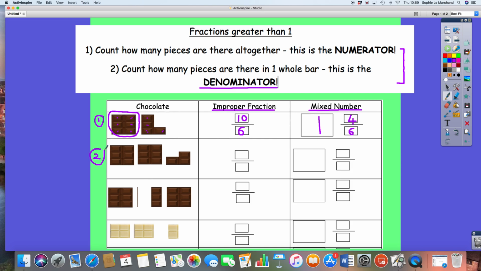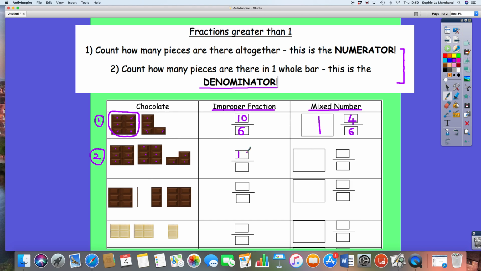So, first thing we're going to do is look at our improper fraction. So we must first count how many pieces of chocolate there are all together for our numerator. 1, 2, 3, 4, 5, 6, 7, 8, 9, 10, 11, 12, 13, 14, 15.